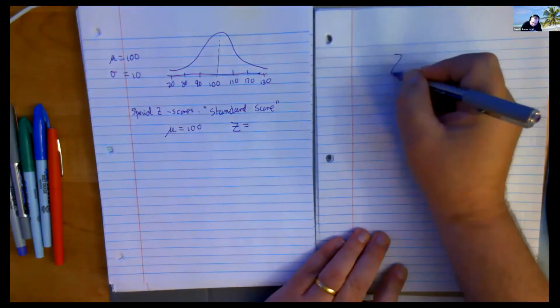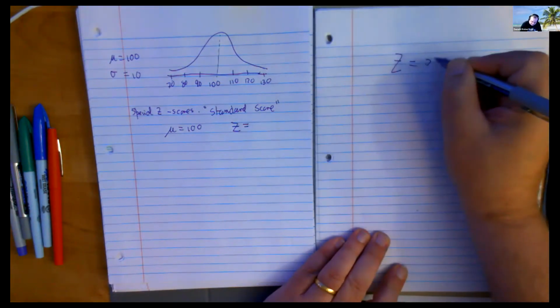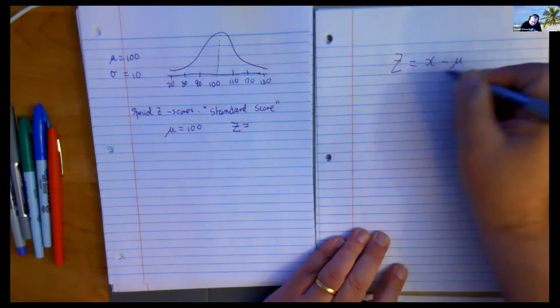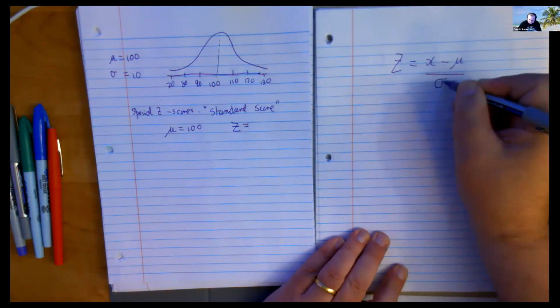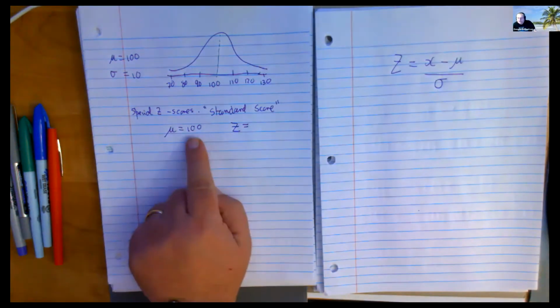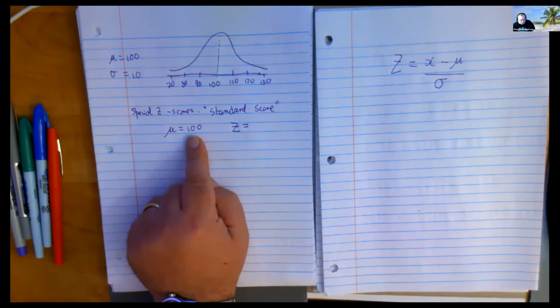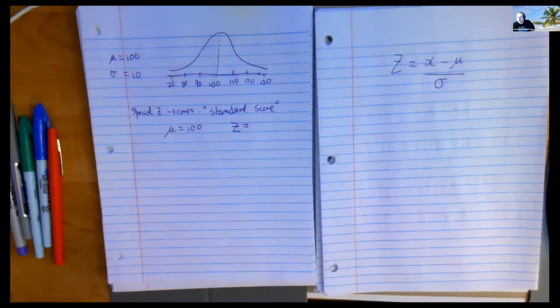Well, I'll write the formula for the z-score over here. X take away mu over sigma. What would the z-score be for someone whose IQ was, say, 100? Right, so suppose they got an IQ that's the same number as the mean. 0. Right.